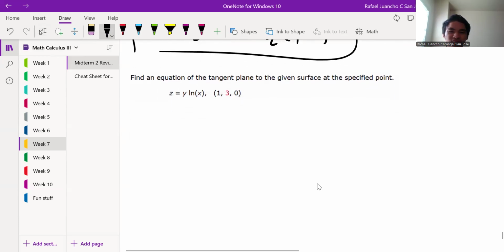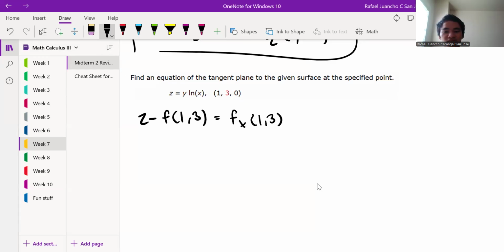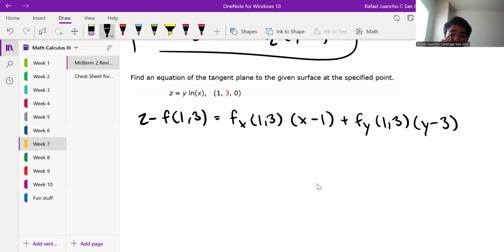So here again, plug in, right? z minus f(1, 3) is equal to f sub x(1, 3) times (x minus 1) plus f sub y(1, 3) times (y minus 3). I just need to fill in the blanks. For f sub x, I take a partial.